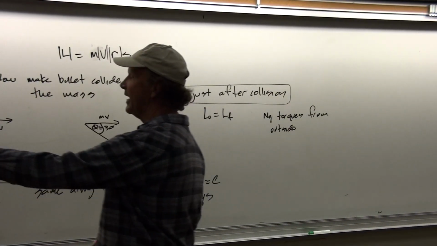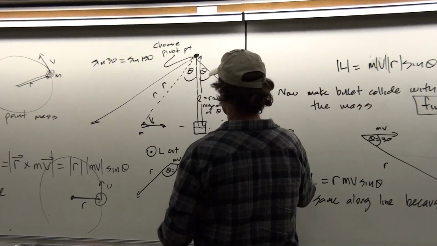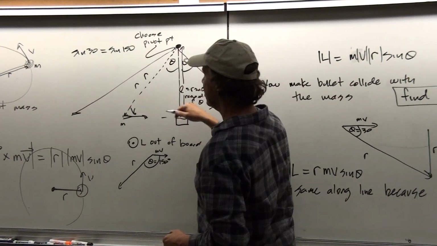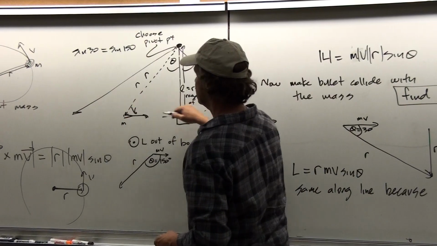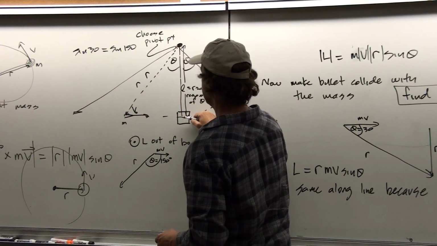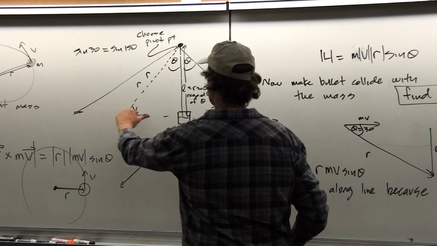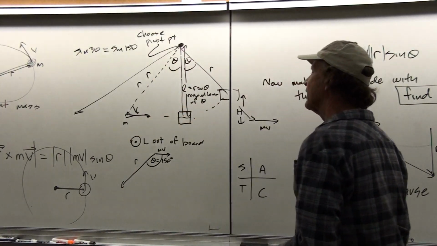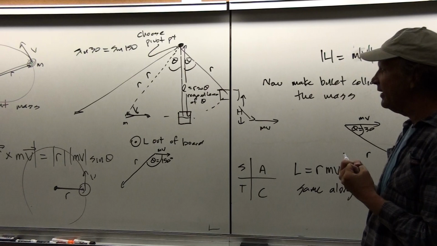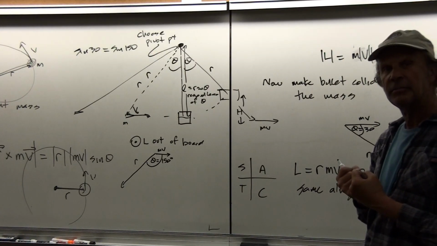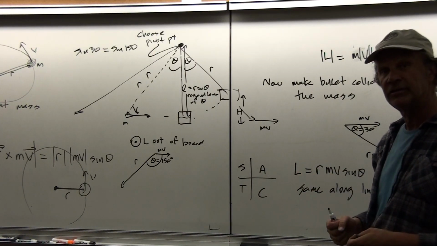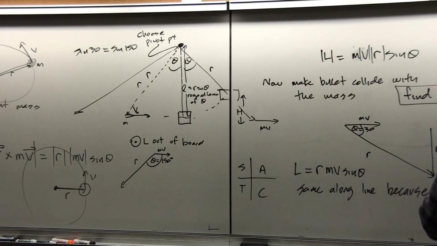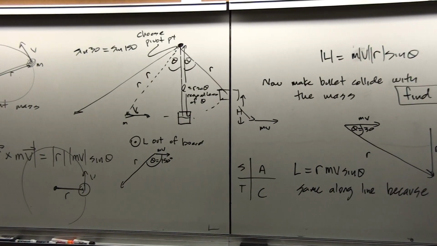There are torques acting within the system. This mass is slowing down, so it's changing the angular momentum of the bullet to a smaller value, and the bullet is speeding up or increasing the angular momentum of the block. But the two of them together aren't being acted on by some external torque from the outside universe.